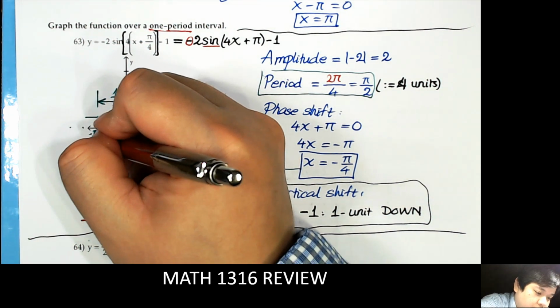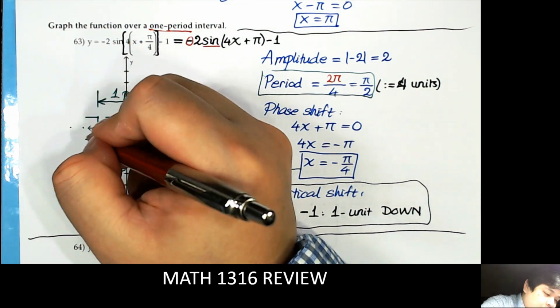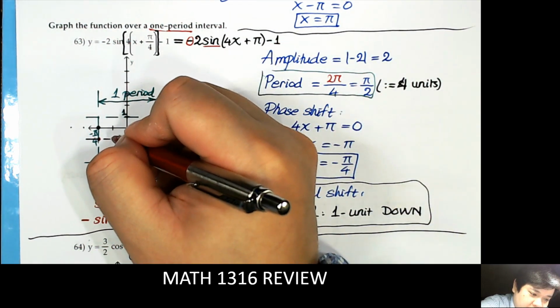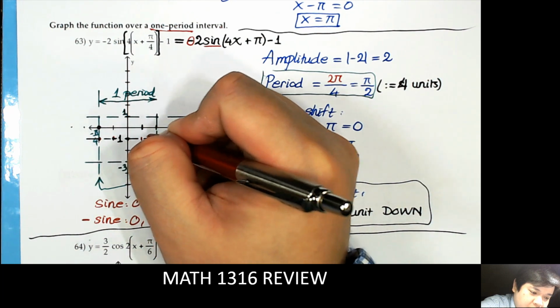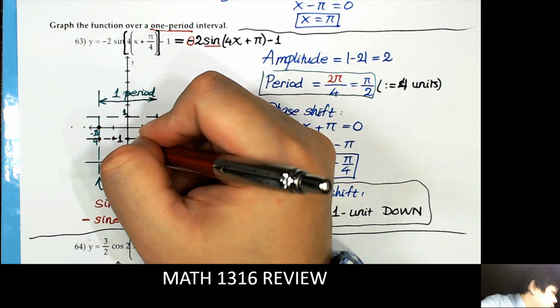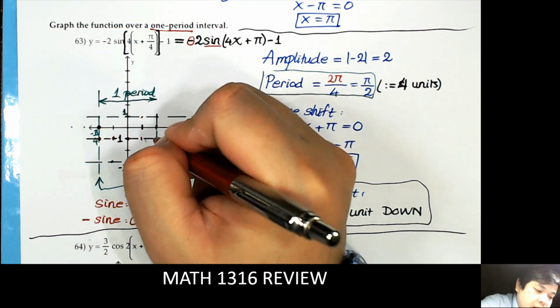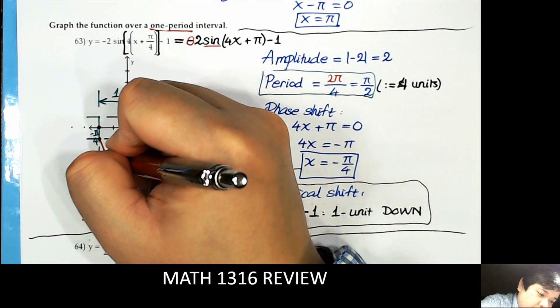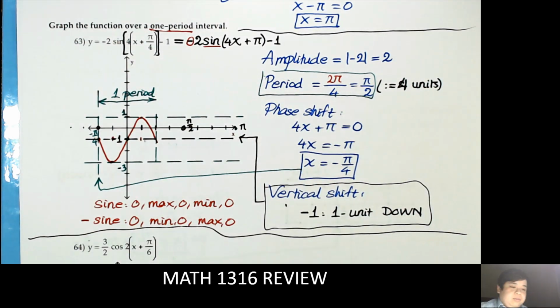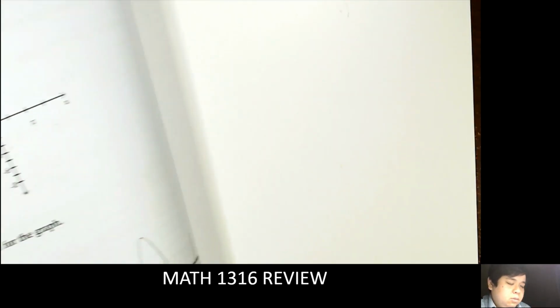So divide this into 4 equal segments: 0, min, 0, max, and back to 0. So 1 period will be that.